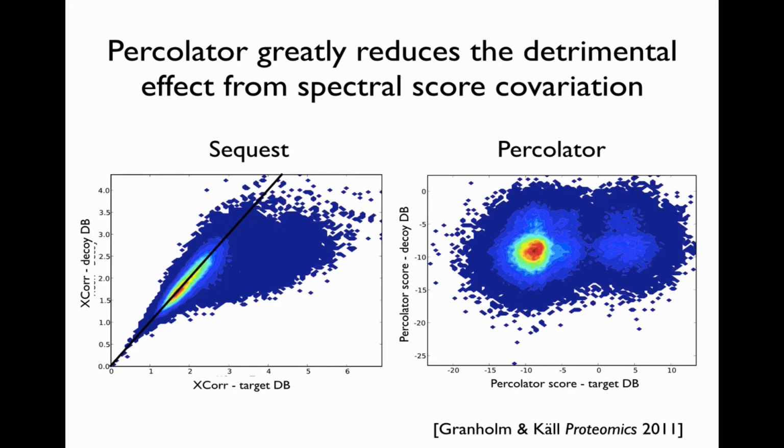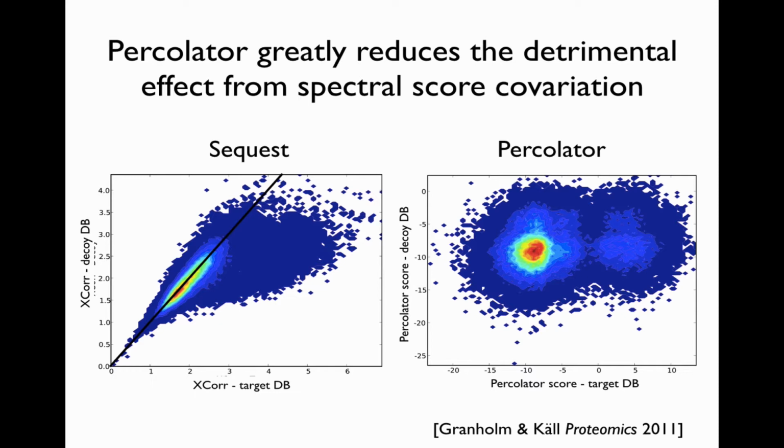So how do those plots look for real data? Here I plotted, for the same data sets, the XCorr score from the decoy database and the XCorr score from the target database, for both Sequest on the left and Percolator on the right. Colors are coded as before.